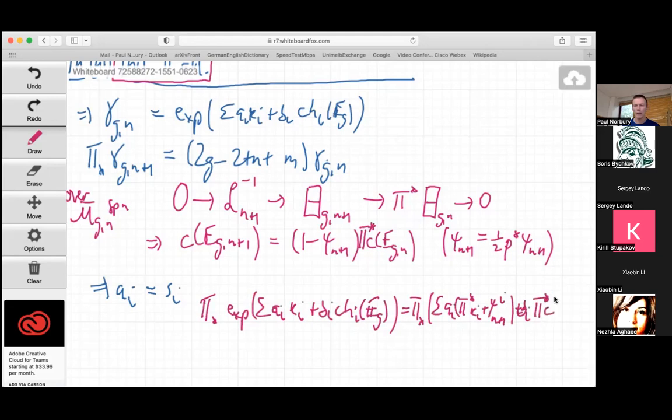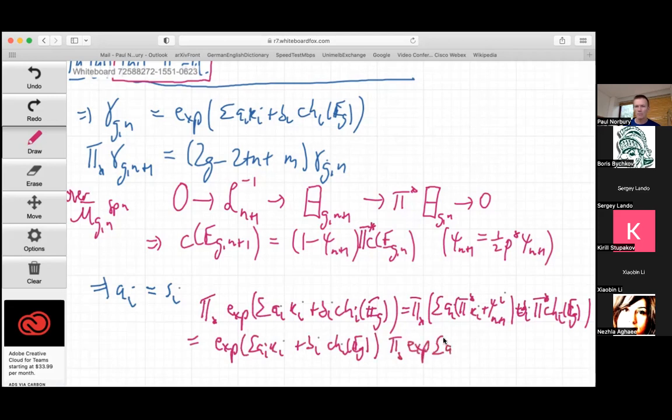They're already the pullback. They don't care about marked points. And so then everyone's a pullback here. When you push forward, this is a ring homomorphism, you're left with exactly this same expression, the sum of AI kappa I, plus, times the push forward of the exponential of some, there's an exponential missing.